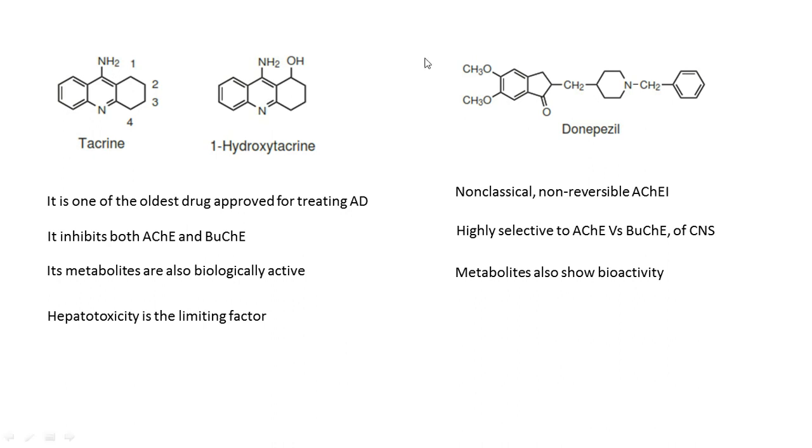Because this is a tertiary amine, debenzylation or N-oxide formation are very common metabolic reactions. Both are biologically active. Debenzylated means here NR will become NH, and the next one is N will be oxidized. So both the metabolites are biologically active, and it has almost no hepatotoxicity. So it's a very good agent.